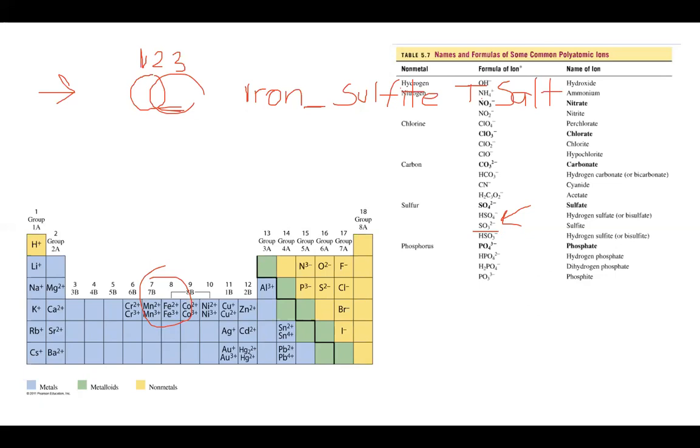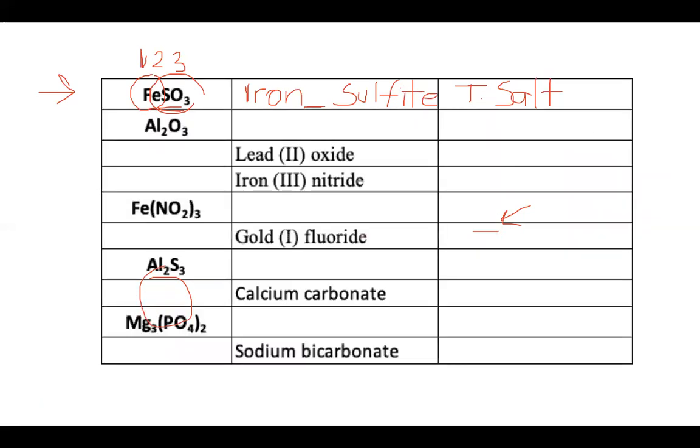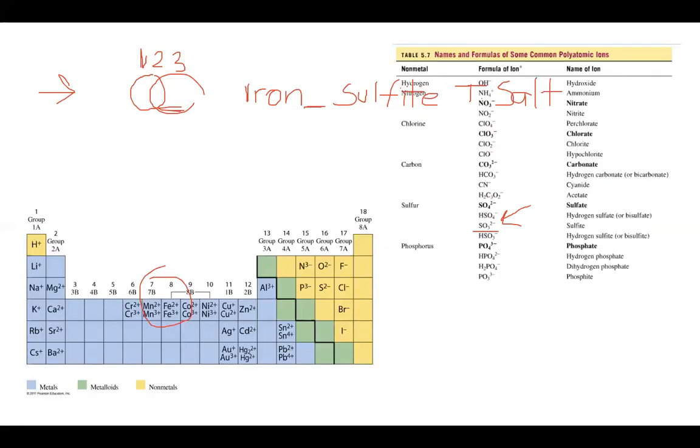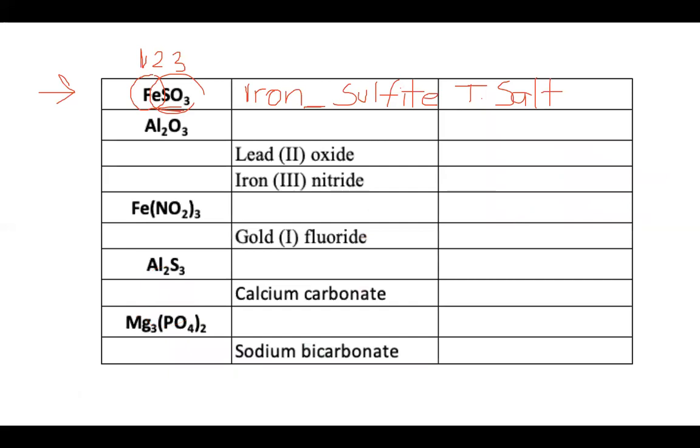So in this case, let me just erase this, okay? For this compound, iron must take a charge of 2, it has to be 2, okay, in order to balance and to have a compound structure, okay? Why am I saying this?